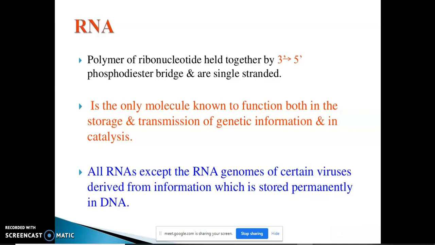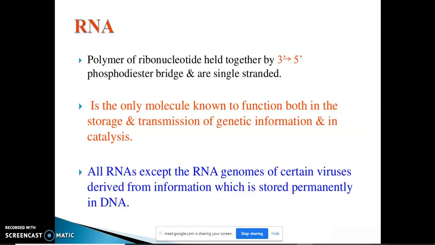So DNA acts as a template for the synthesis of RNA. The information that lies in the DNA is going to be transferred to RNA, and RNA consists of codons which will code for different amino acids according to the nature of proteins.